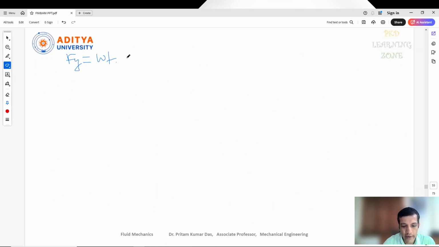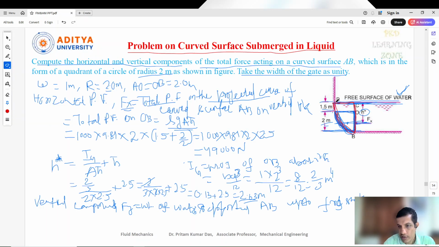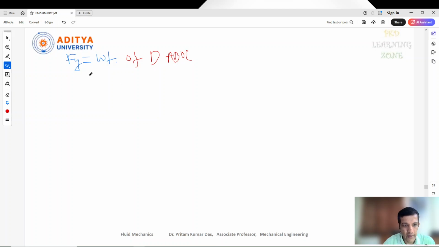This is the weight of which portion? The portion DABOC, this full portion. Now we can see this is one part and this is one part, so I'll just split it into two parts.